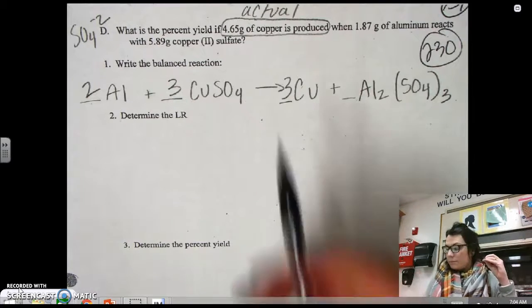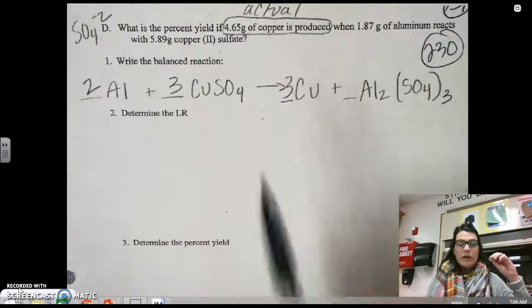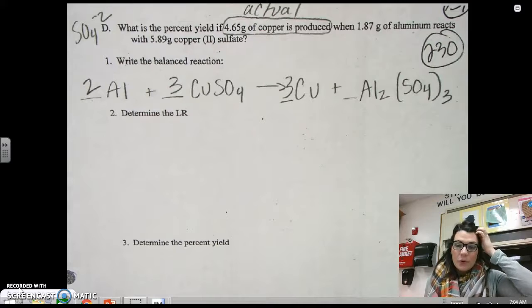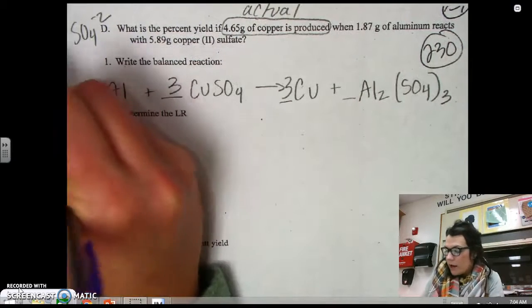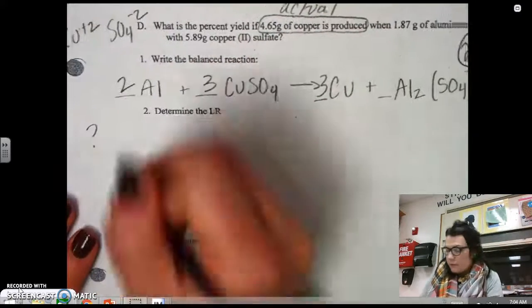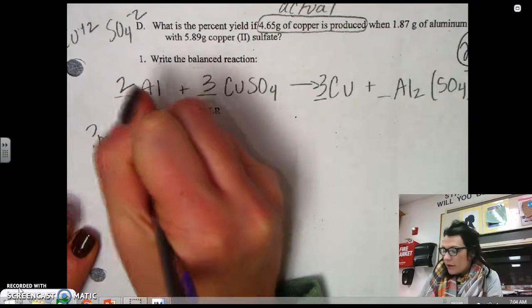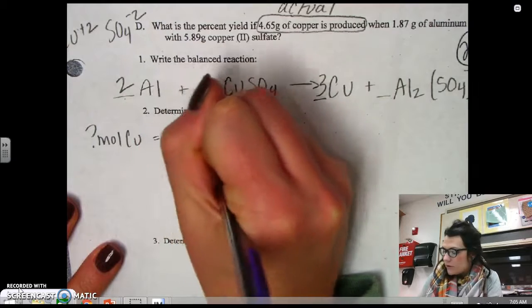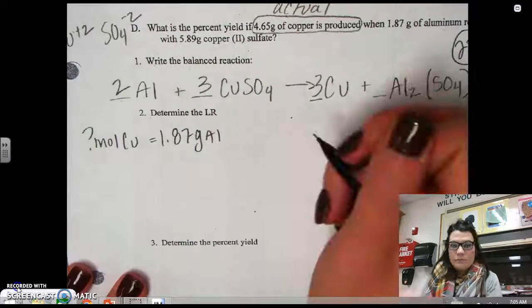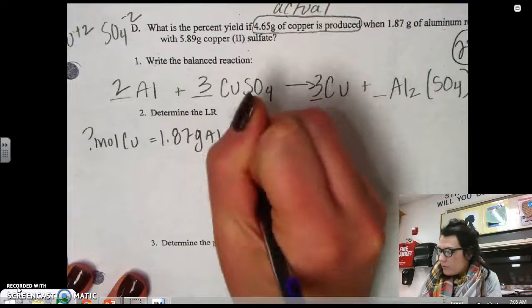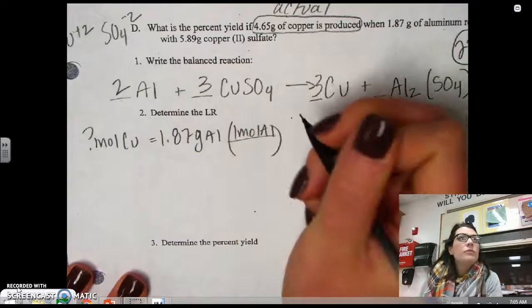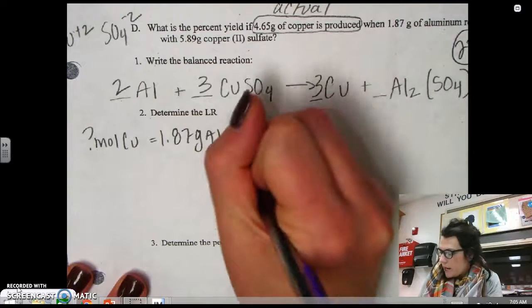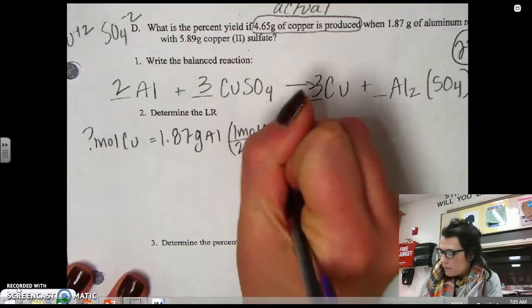Since I'm finding the percent yield for copper, I'm going to find limiting through copper. Okay, so I'm going to say question mark moles of copper is equal to my first reactant, which is 1.87 grams of aluminum. So I'm going to say for every 1 mole of aluminum, aluminum weighs 26.98 grams of aluminum.